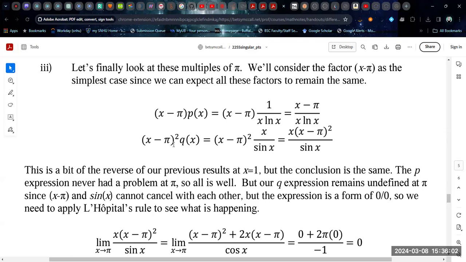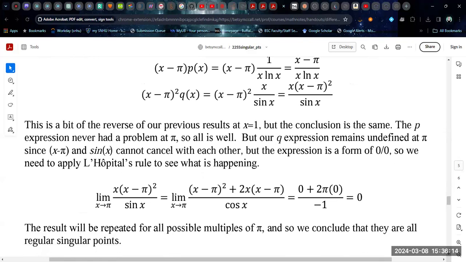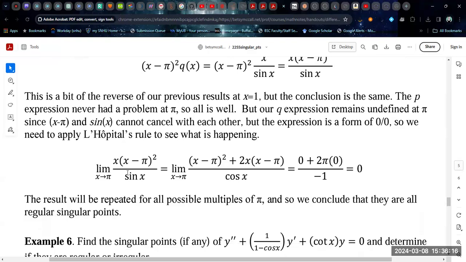But in this case, again, I'm going to multiply by x minus pi squared, and then I'm going to let my limit go to pi. Now, again, I have to use L'Hopital's rule here because I'm going to pi and not 0. I can't use my special limit. But again, I'm going to also have to do a product rule with the chain rule and everything in my numerator.